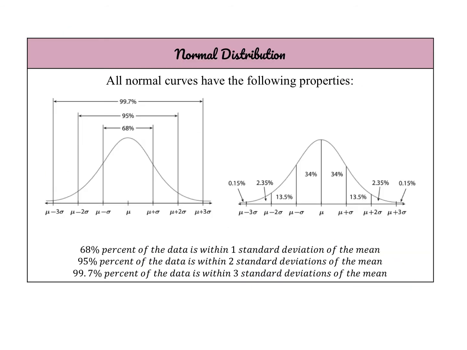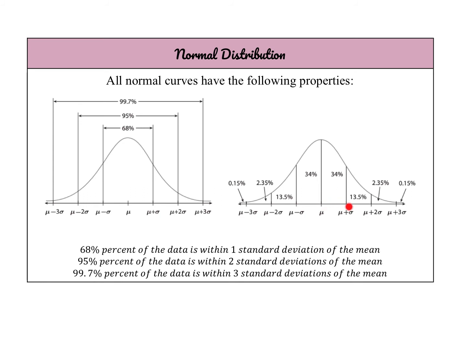So now we're going to focus our attention on what's called a normal distribution and how we can interpret data that follows a normal distribution. So all normal curves, if we consider something to be normally distributed, have these properties. Here you can see in the middle we have our mean, and then we're adding or subtracting multiples of sigma, which remember is our standard deviation.